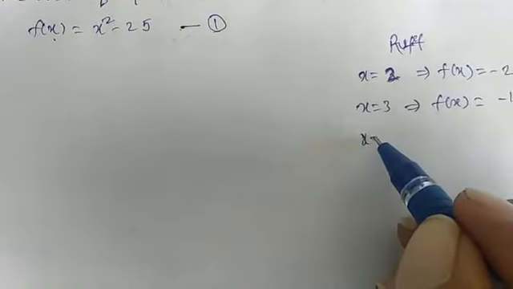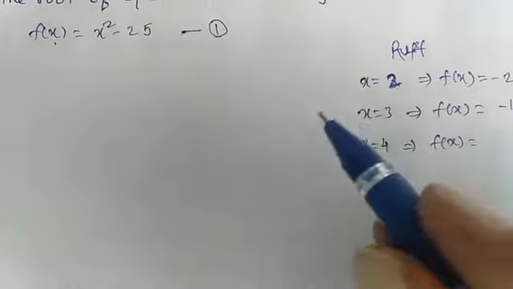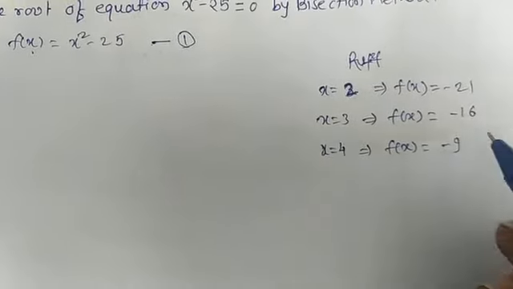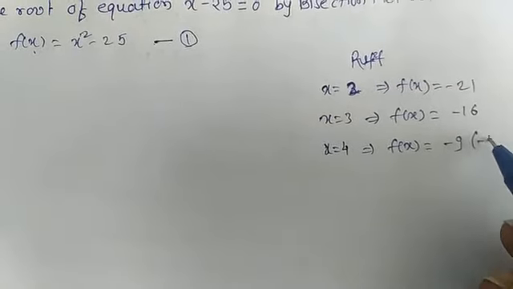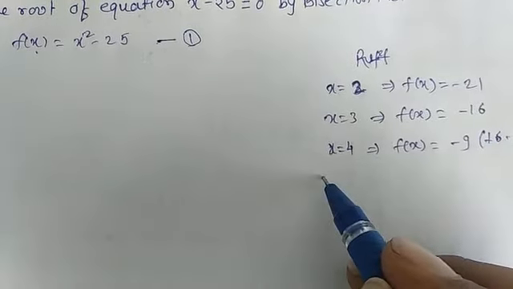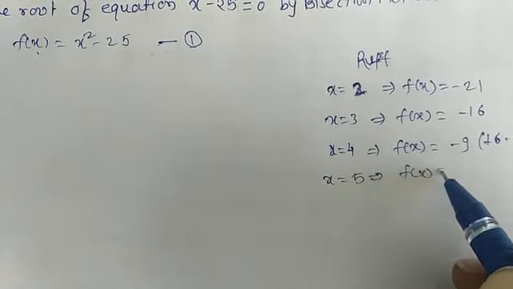For x is equal to 4, f of x is equal to 16 minus 25, which is minus 9. For x is equal to 5, f of x is equal to 0.